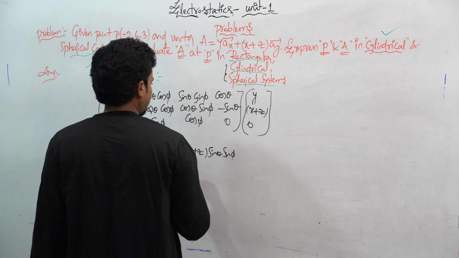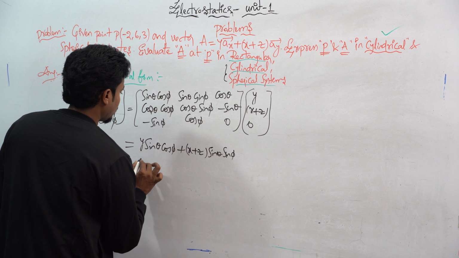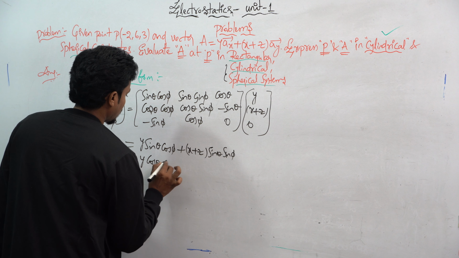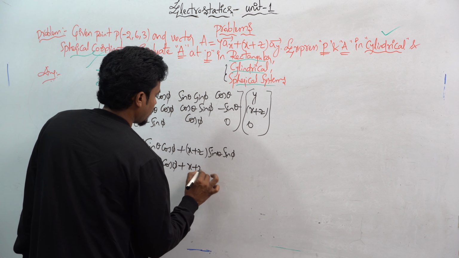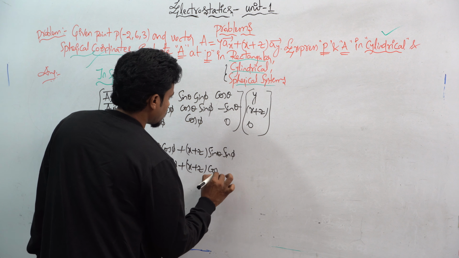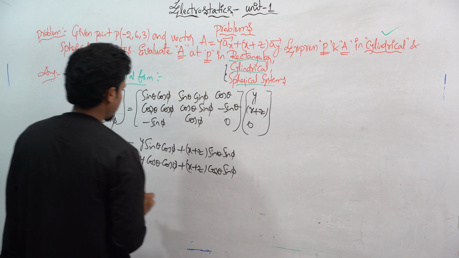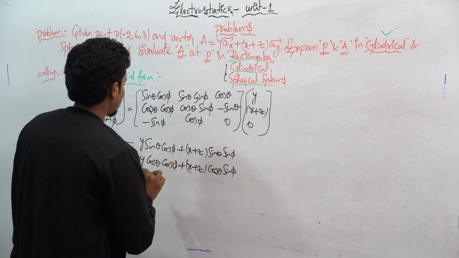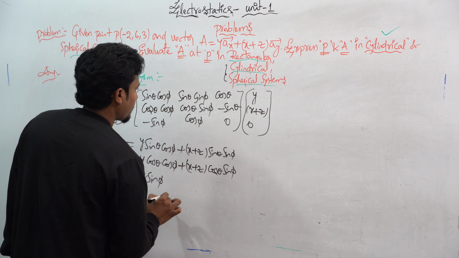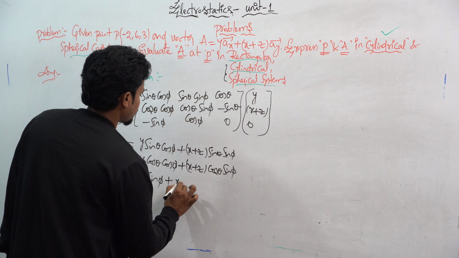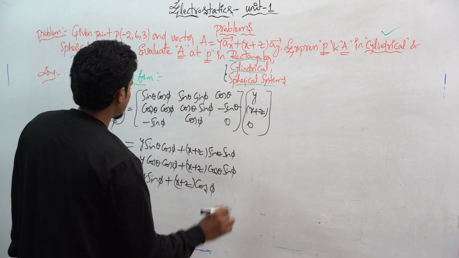Next, y cos theta cos phi plus x plus z into cos theta sin phi, 0. Here this will become minus y sin phi plus x plus z into cos phi. Here this will be 0.